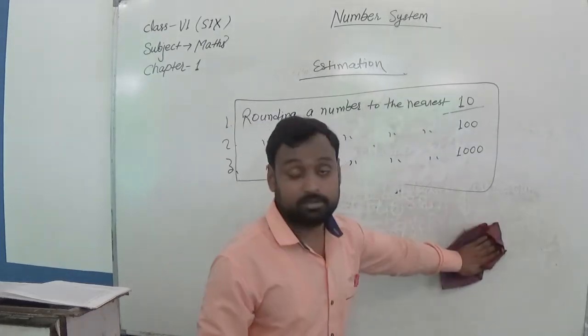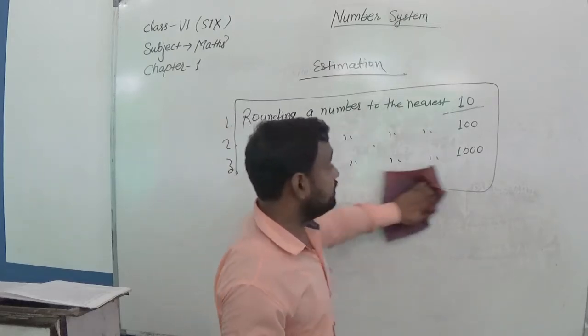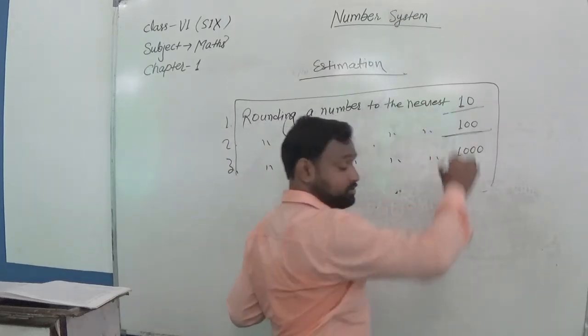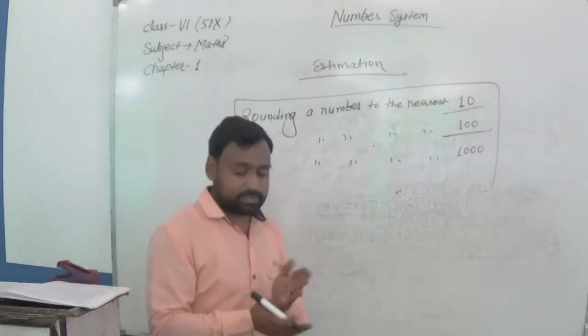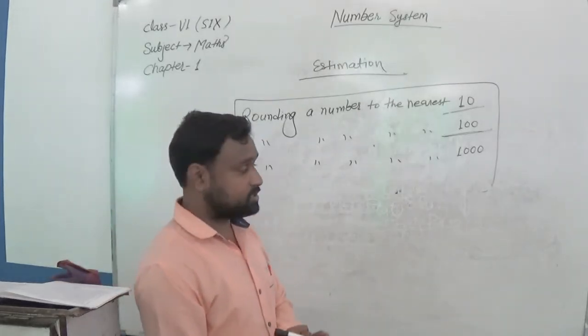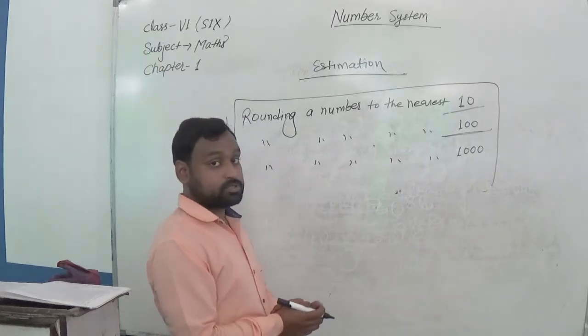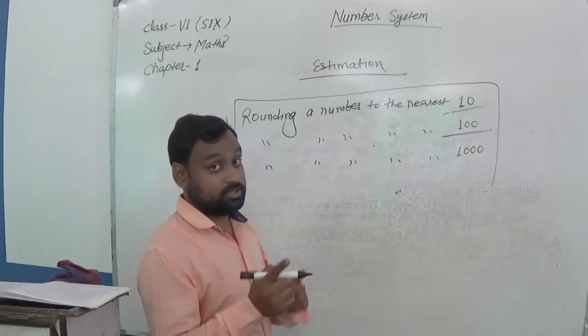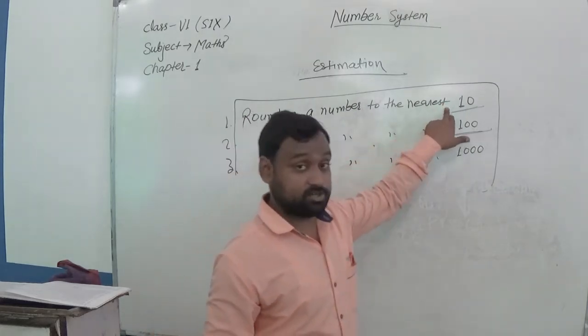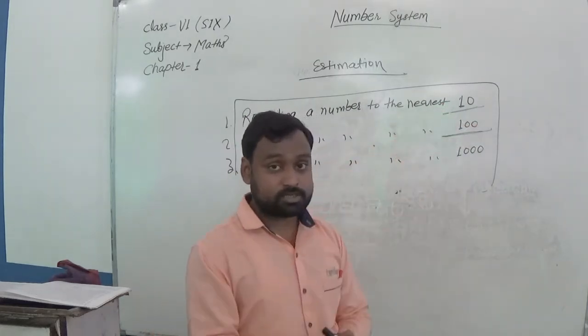Now focus on how to round off to the nearest 100. In this case, we have to focus on the digit at tens place. In the previous case, to the nearest 10, on which digit did we focus?